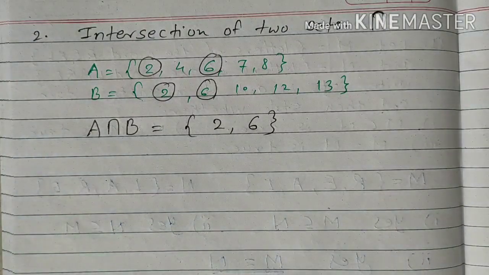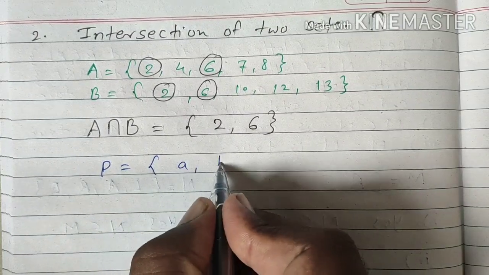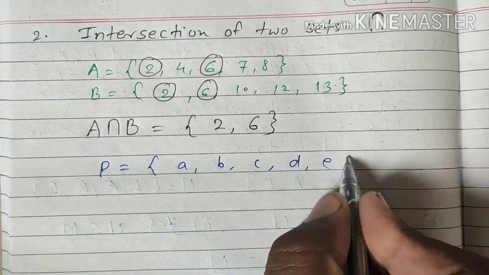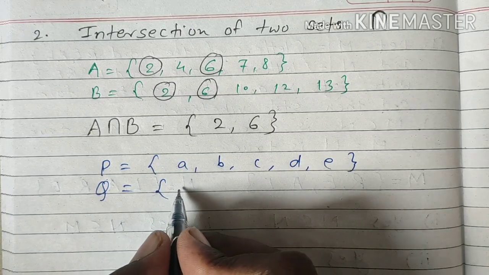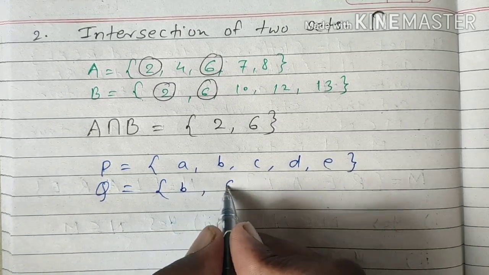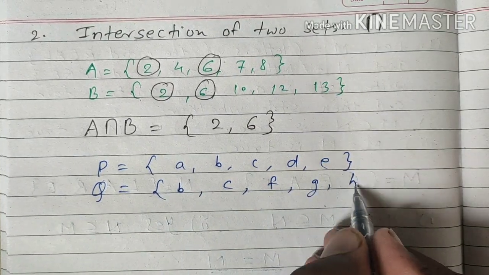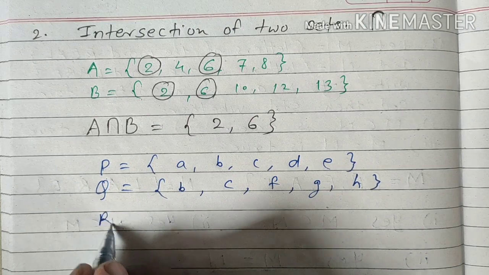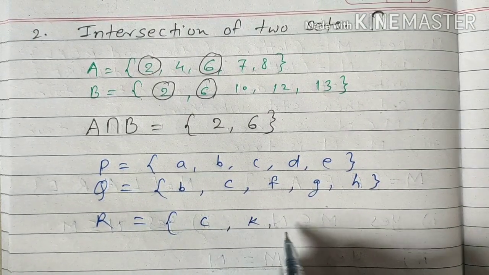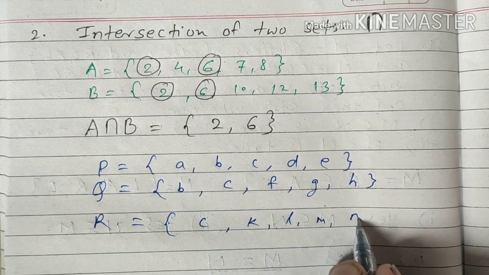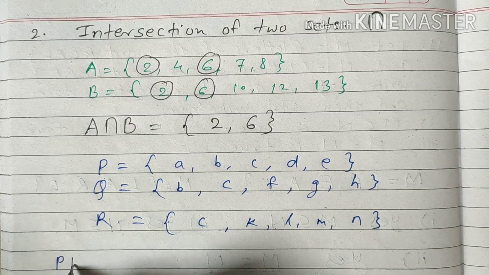Similarly, suppose we have three sets. P is there with the elements A, B, C, D, E. Q set is there with the elements B, C, F, G and H. And suppose R set is there with the elements C, K, L, M, N. And we want to write the intersection of all these three sets.